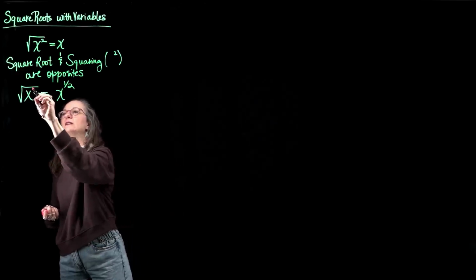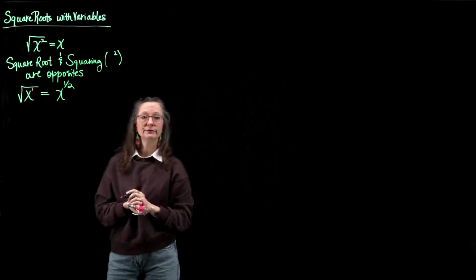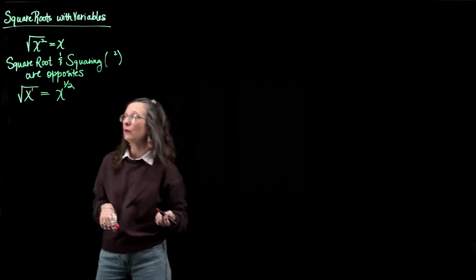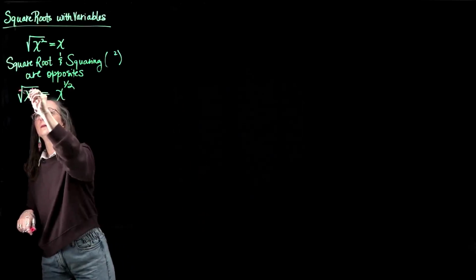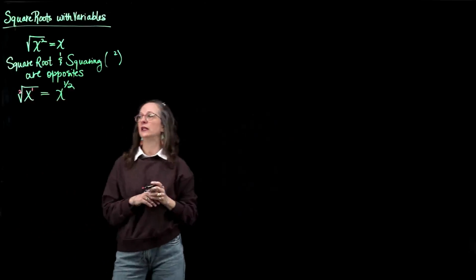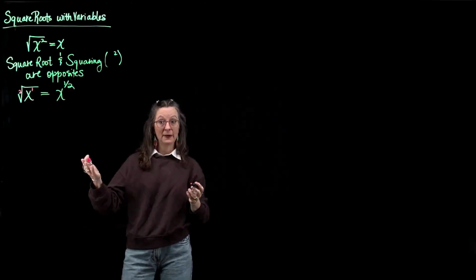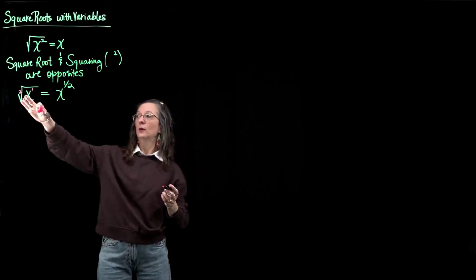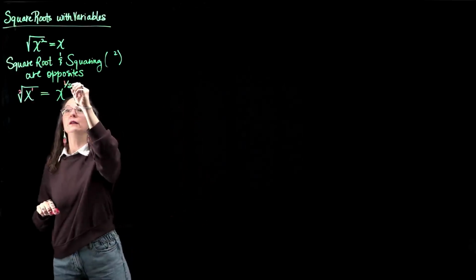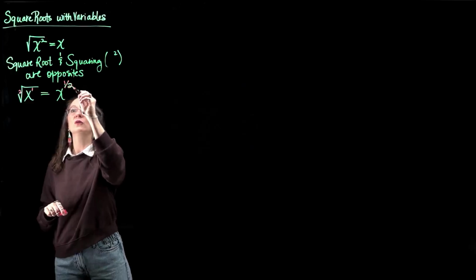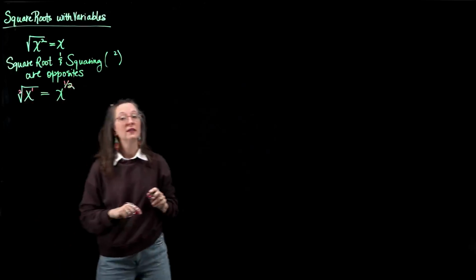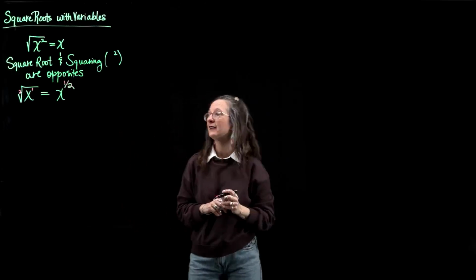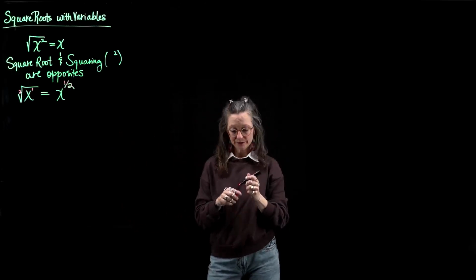If I have x, it's also x to the 1st power. And if I have a square root, remember I have an implied 2 out here. I bet you can see why I did that, because this 1/2 comes from the exponent on the x and the square root symbol.